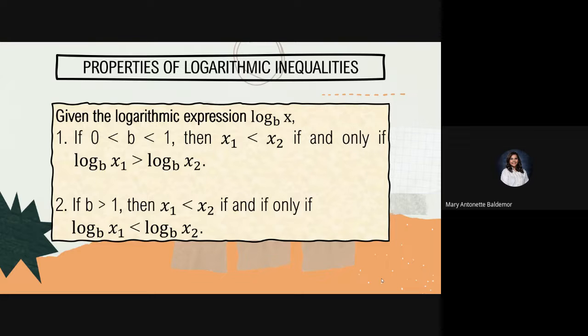Number 2, if b is greater than 1, then x sub 1 is less than x sub 2 if and only if the logarithm of x sub 1 with base b is less than the logarithm of x sub 2 with base b.